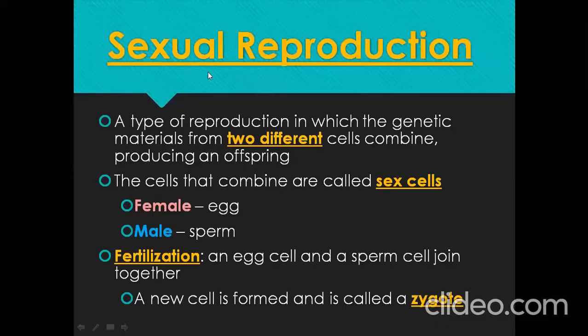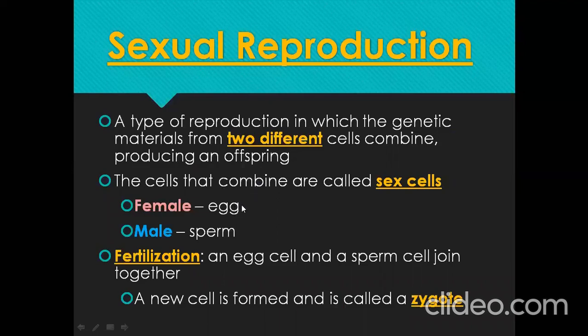Now we have sexual reproduction, a type of reproduction in which the genetic material from two different cells combines, producing an offspring. It means two haploid cells come together and form a new offspring. The fusion of two haploid cells, one egg and one sperm. I will take the example here of human.